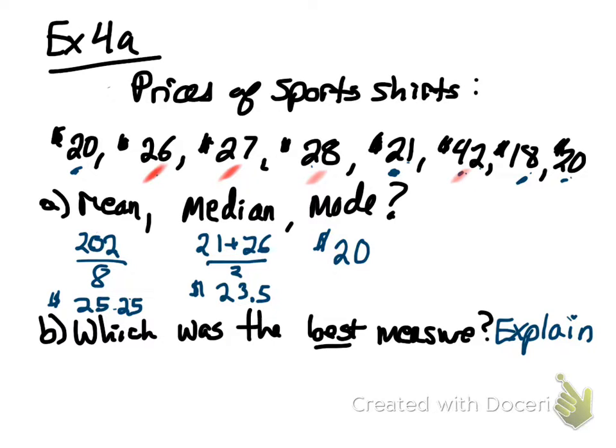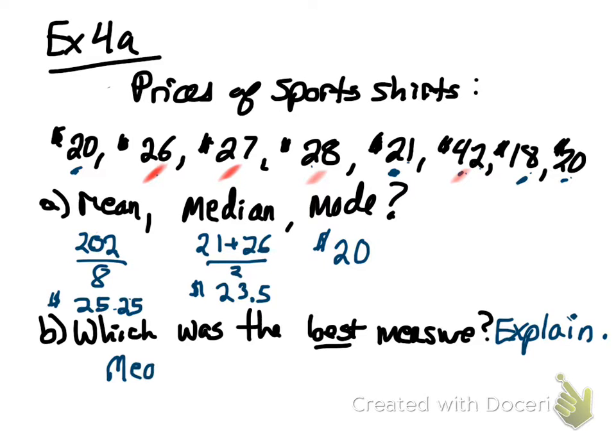Okay, now which was the best measure? The best measure on this list could probably be said to be either the median or the mean. The mean represents the average. There is an outlier. 42 is an outlier.